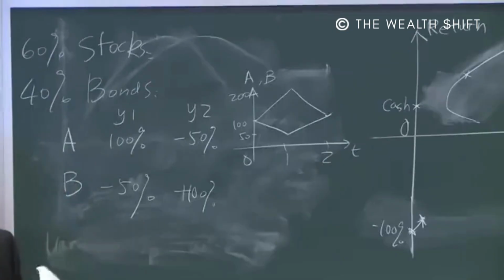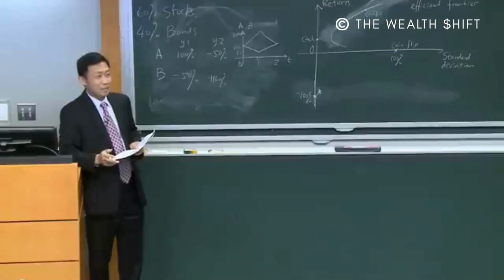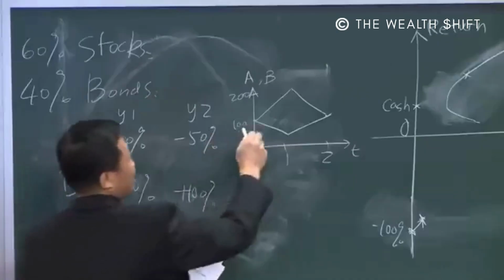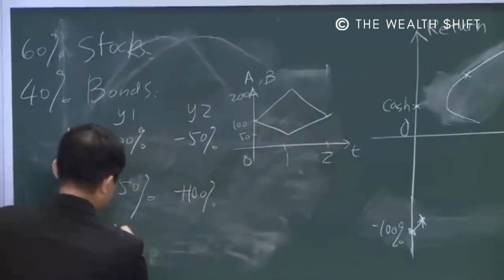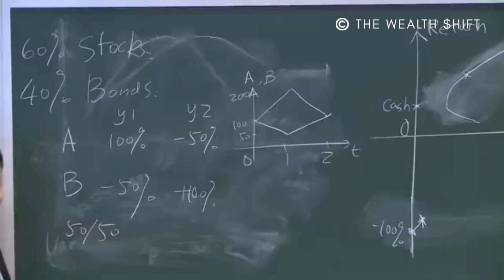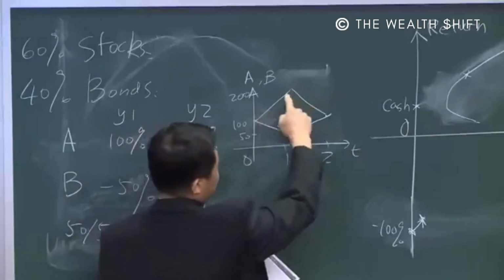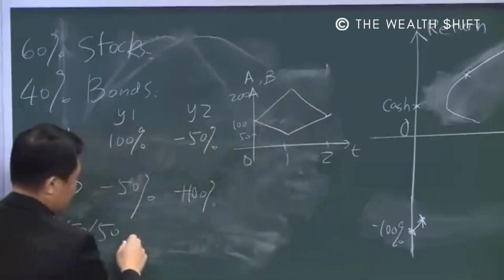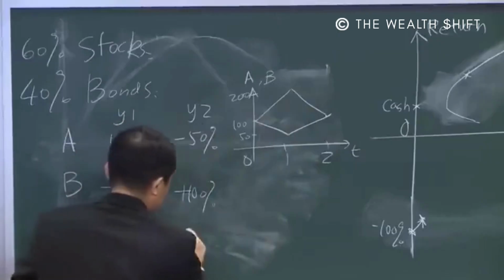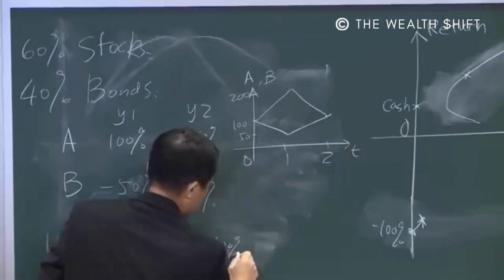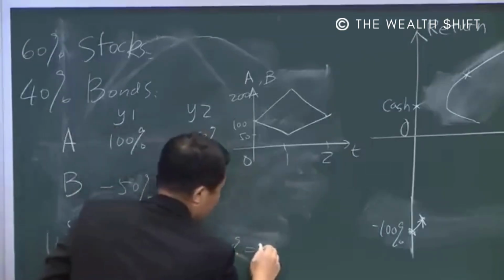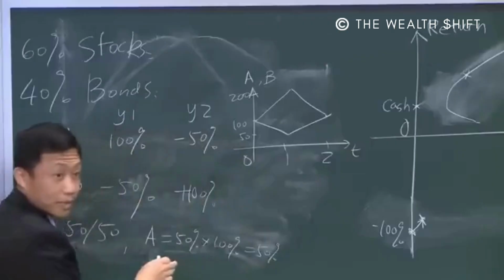But what if you had a 50-50 weight of the two assets? Someone quick on math can tell me what changes. A goes up like that, B goes down like that. Now you have a 50-50 of A and B. So let's look at the magic. In year one, you have only 50% in A, and it goes up 100%, so that's up 50% on the total basis.